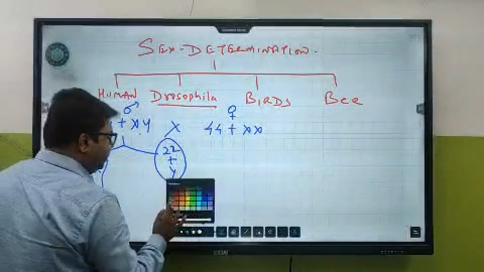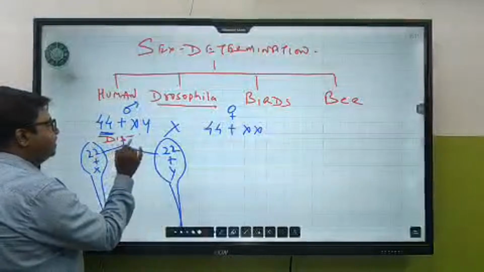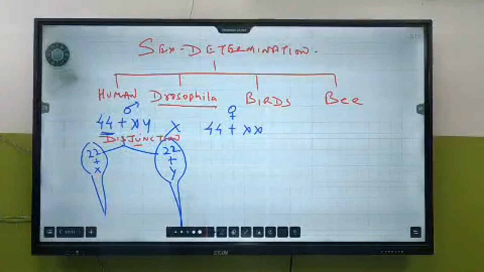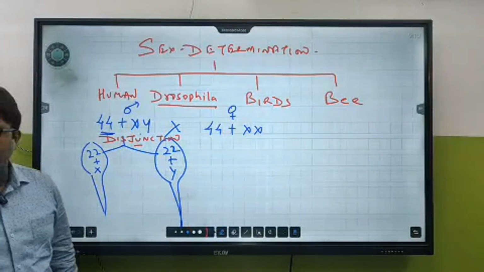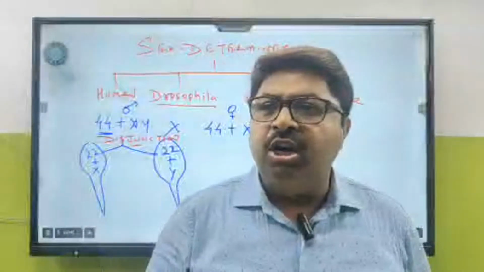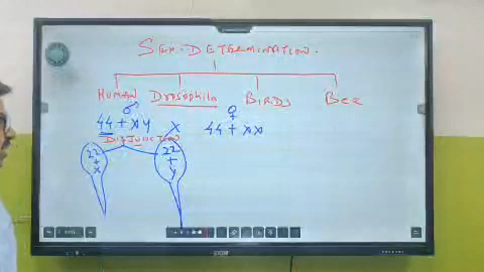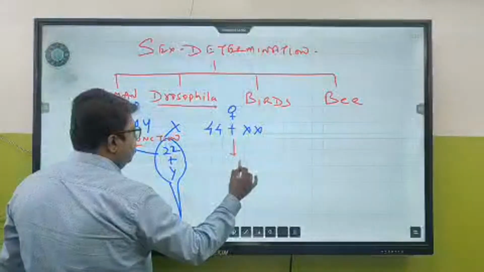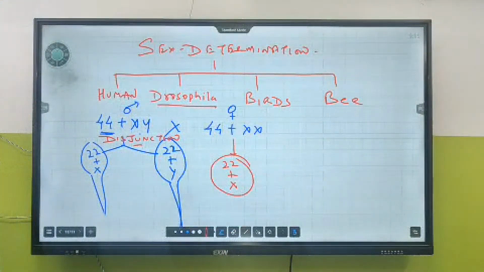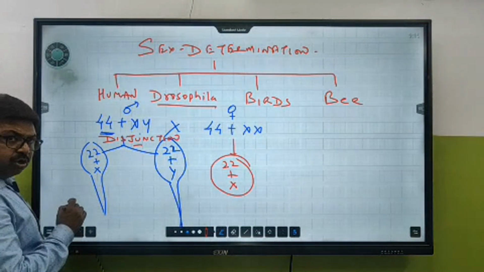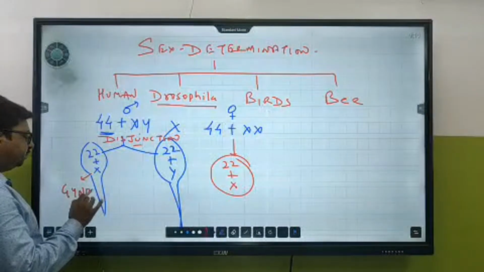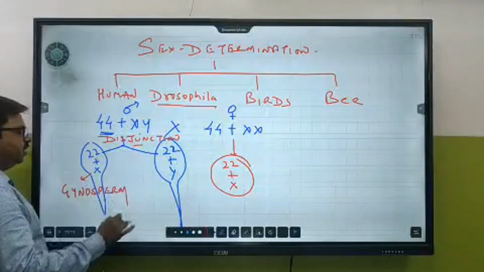यहाँ की वजह से देख, यहाँ पे क्या बन गया? Complete disjunction of chromosomes has occurred. Why I'm telling you? Because in later part of our class, we are going to talk about non-disjunction also. From mother, she is only going to give rise to what? 22 plus X. So if this particular sperm, the sperm containing X chromosome, is called gynosperm.